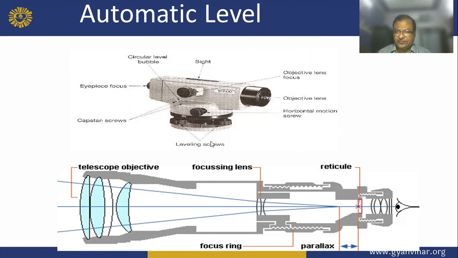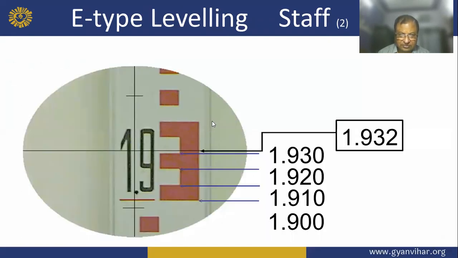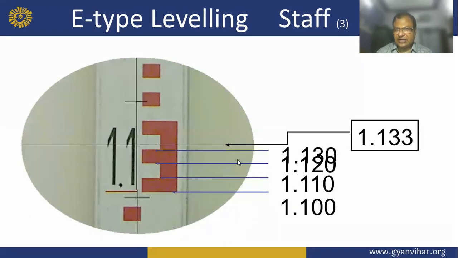This is the diagram of the part, and this is the part of the ruler. These are readings on the level: 1.930, 1.920, 1.910, 1.90, 1.932.